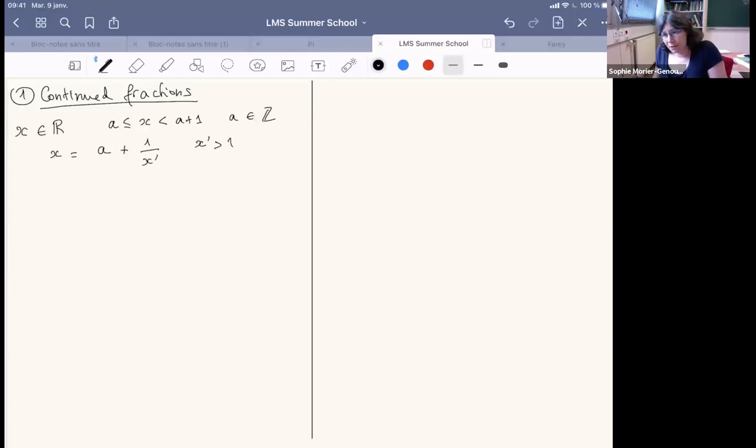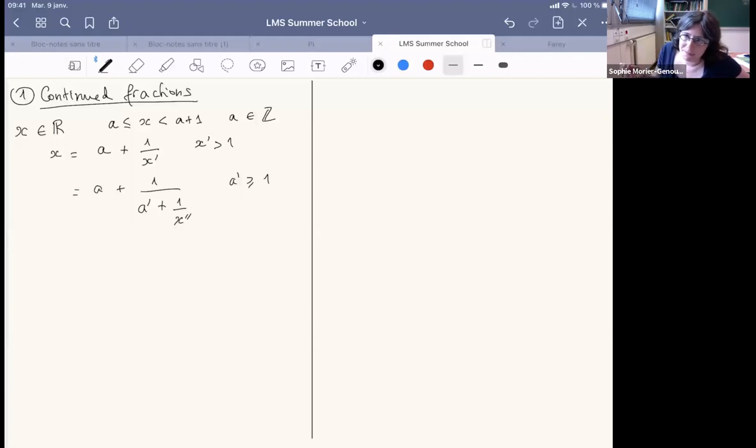And again, I can focus on this real number x prime. And this x prime is between two integers, a prime and a prime plus 1. So I can say that it's some integer a prime plus an extra term, which is bigger than 1, and that I can rewrite as 1 over x double prime. And you can play this game again and again.